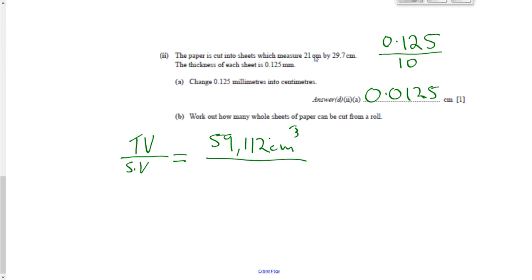So the volume of the sheet is going to be 21 times 29.7 times the thickness, which is 0.0125 centimetres.